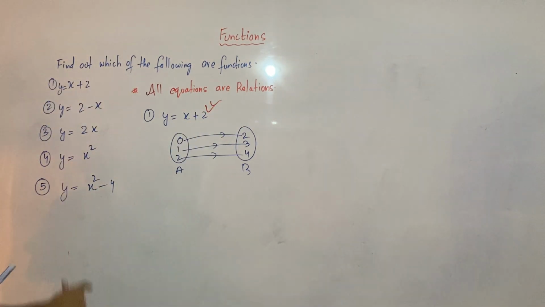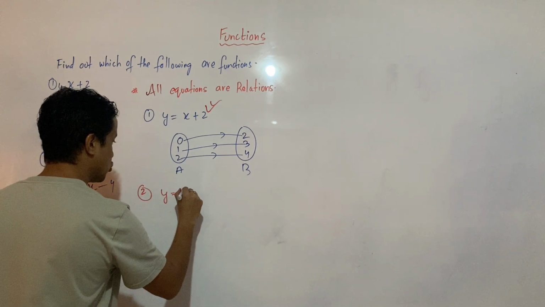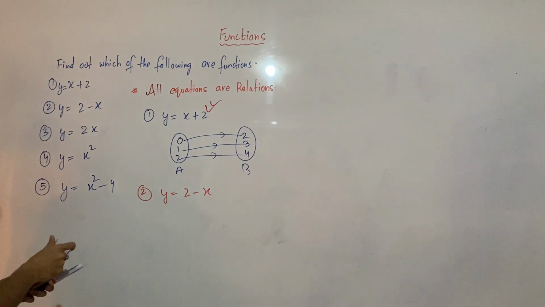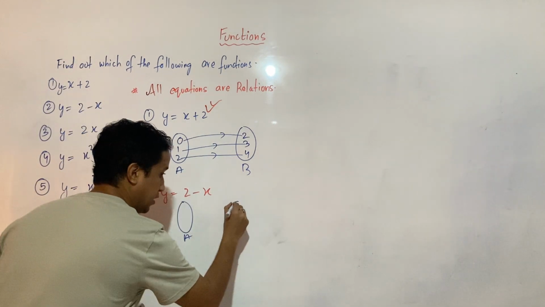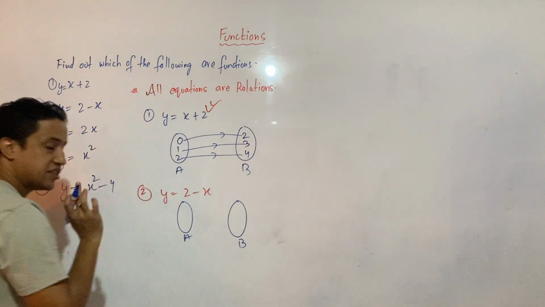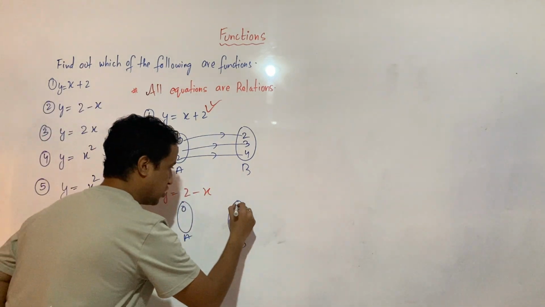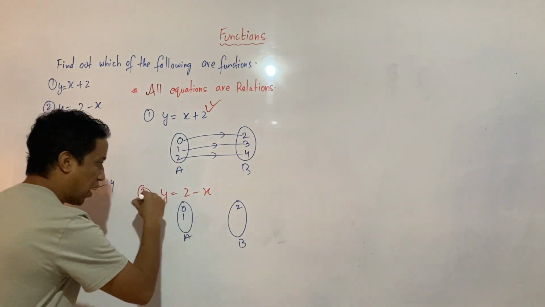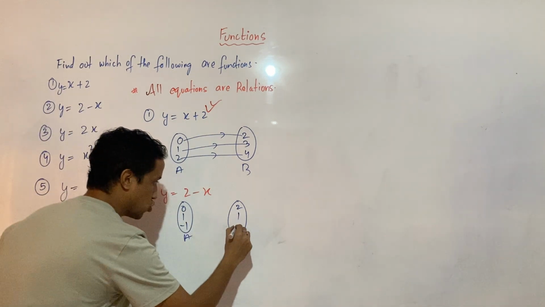All right, now go to next. Number 2 is y equal to 2 minus x. Again, make a set. This is set A, this is set B. Here you can take any value. x is 0, y is going to be 2. x is 1, y is going to be 1. x is minus 1, y is going to be 3.